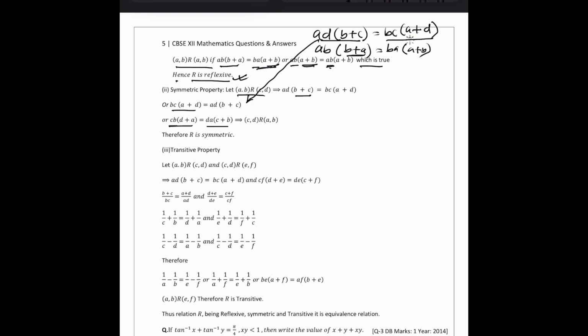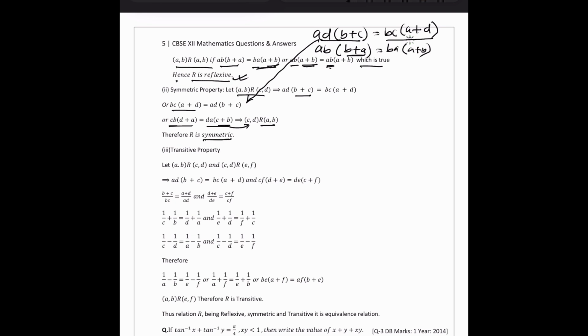So CB(D plus A) is nothing but DA(C plus B). So this becomes the CD ordered pair and the AB ordered pair. So it is nothing but CD relation AB. So therefore R is a symmetric relation, correct?